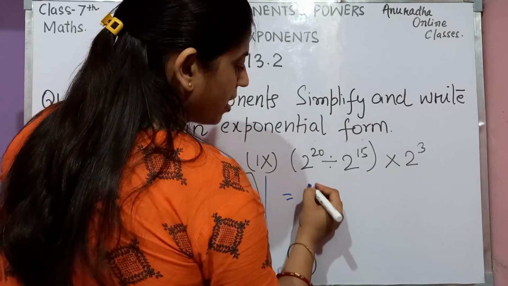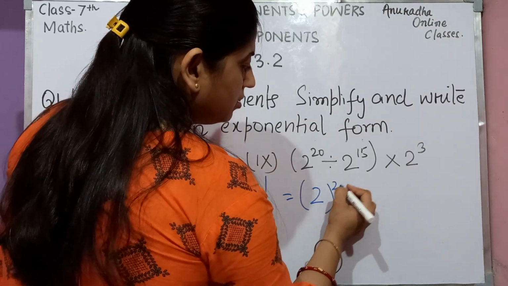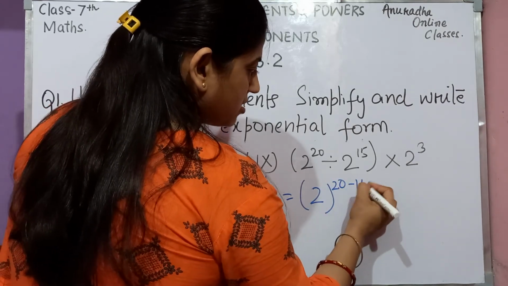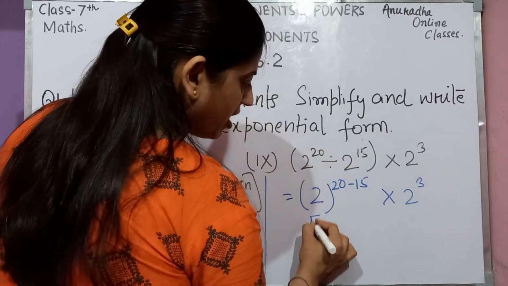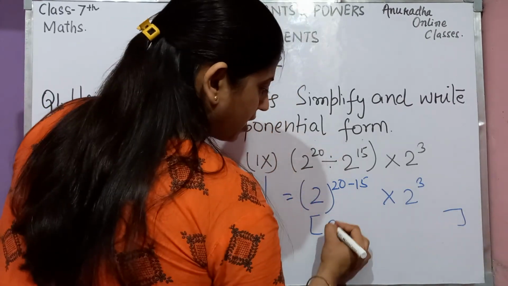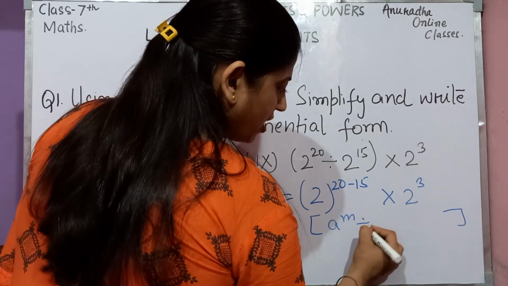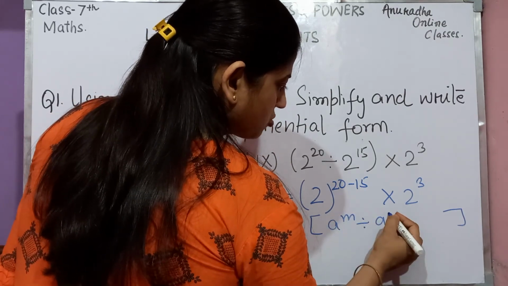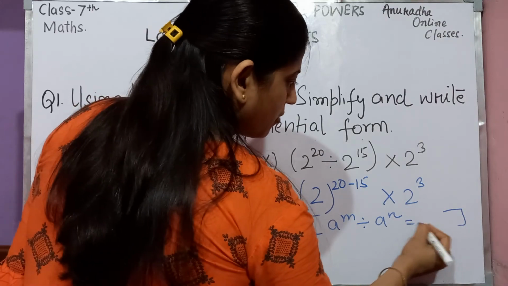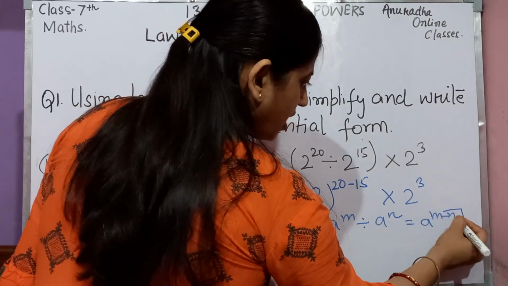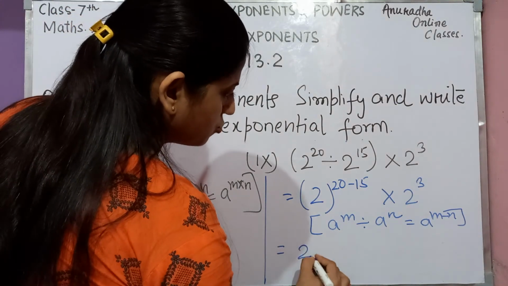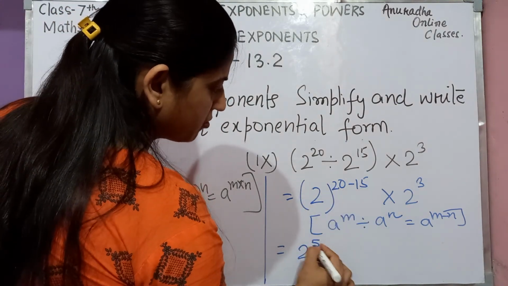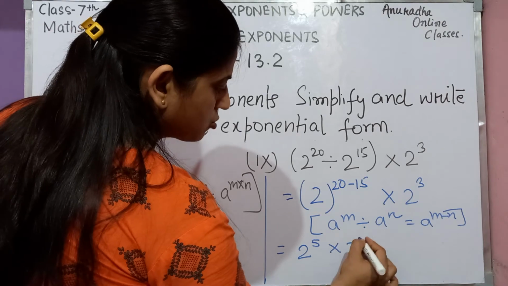We are going to subtract the exponents, into 2 raised to the power 3. So firstly, we have used the law, that is a raised to the power m divided by a raised to the power n is equal to a raised to the power m minus n. This identity we have used first. So this is equal to 2 raised to the power 5 into 2 raised to the power 3.